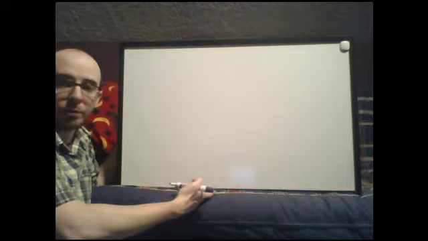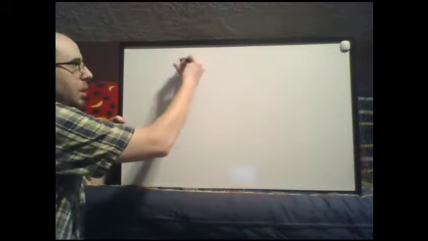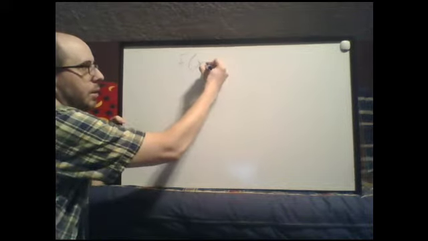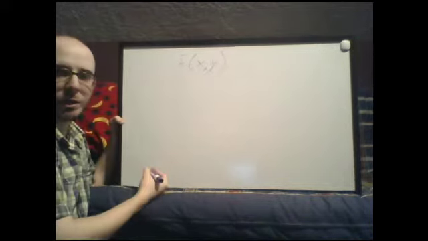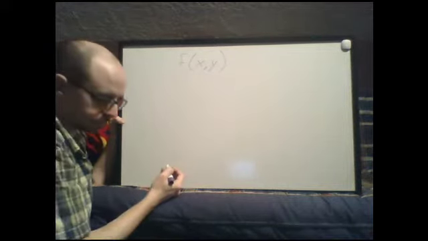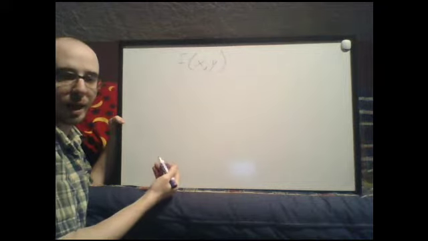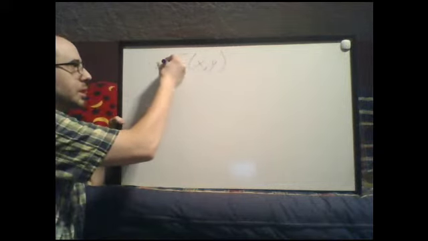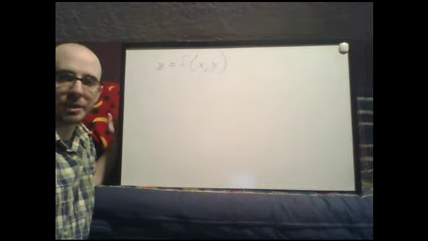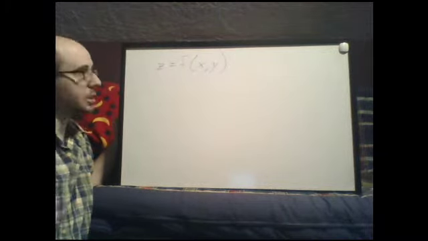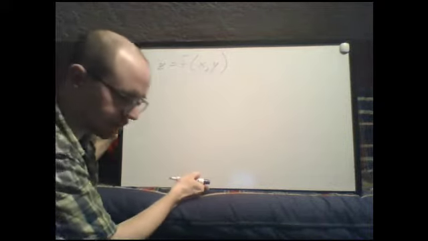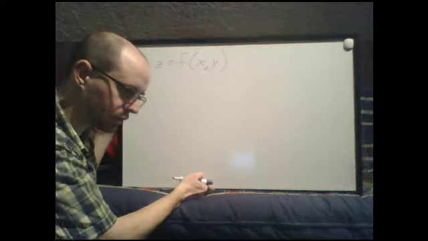For two variable functions, meaning there are two inputs, my default variables are x and y. So f of x, y means we have a function with inputs x and y, and then our default output variable is z. So just like y equals f of x is our default setup for single variable functions, z equals f of x, y is our default notation for a two variable function.